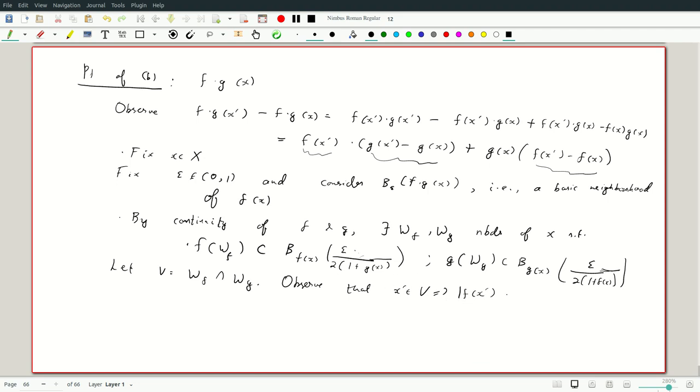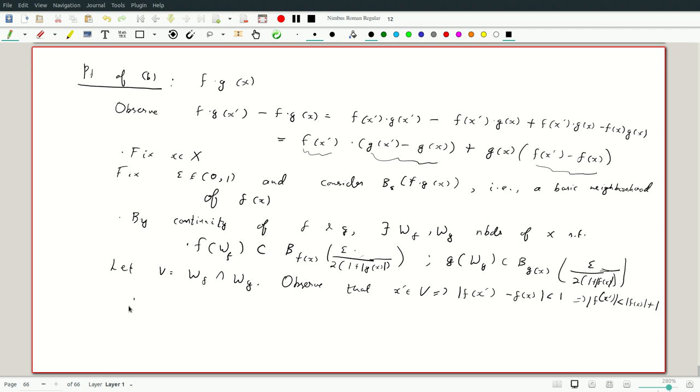So mod of f of x prime minus f of x is less than 1. Okay. So which implies that mod of f of x prime is less than mod of f of x plus 1. So I should correct myself here. You take the absolute values here. So we have controlled this quantity here.